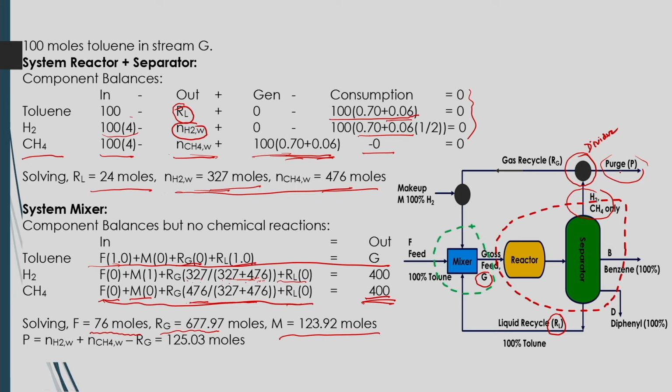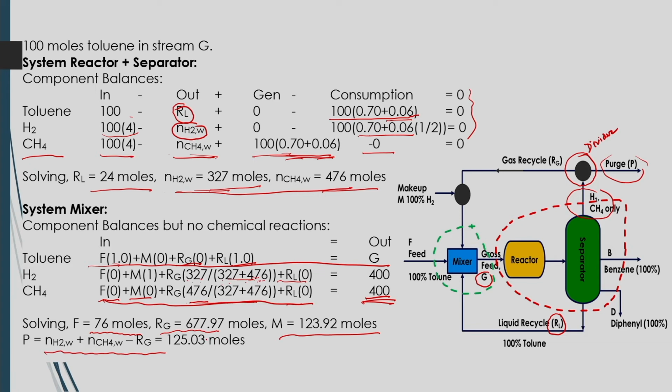So, it will simply be the overall material balance: P plus Rg, which is the mixture of the total amount of hydrogen and methane, because inlet will be equal to outlet. So, you can simply write that P will be equal to n mole of hydrogen plus n mole of methane minus this Rg.